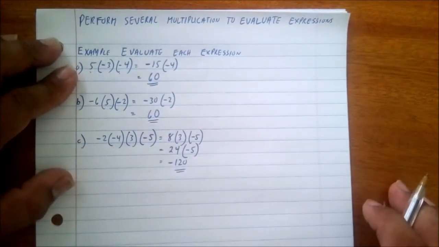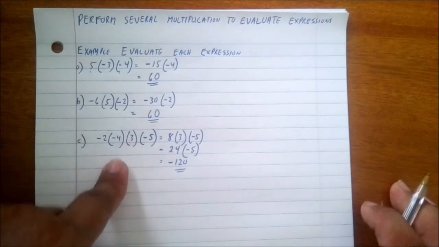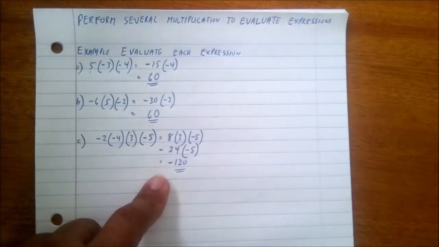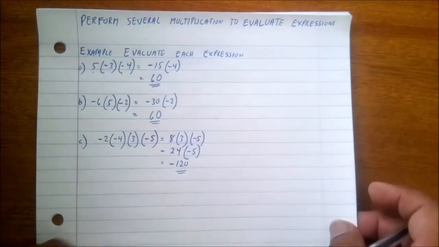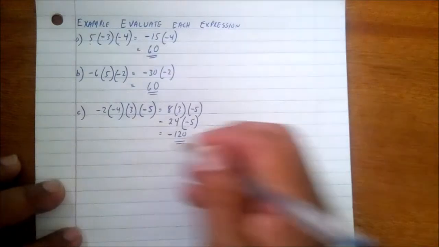Likewise, the properties of multiplication that were introduced before for multiplying whole numbers are also true for integers. So let me write the properties for multiplication of integers. This will be the commutative property.